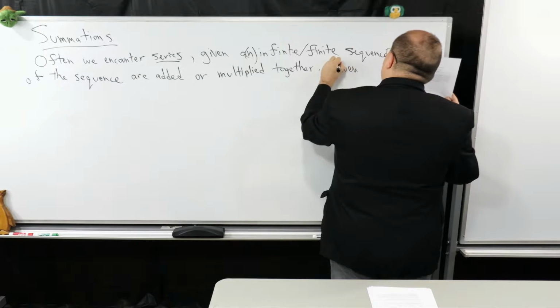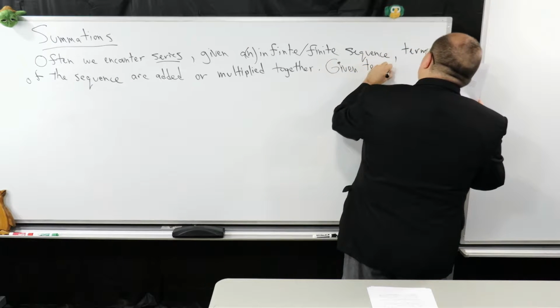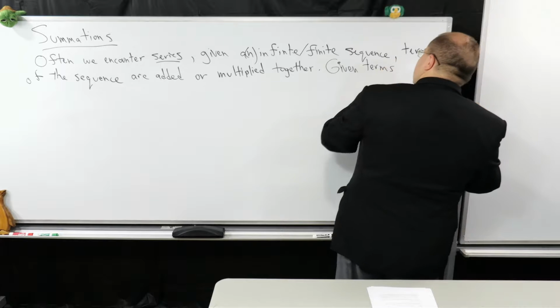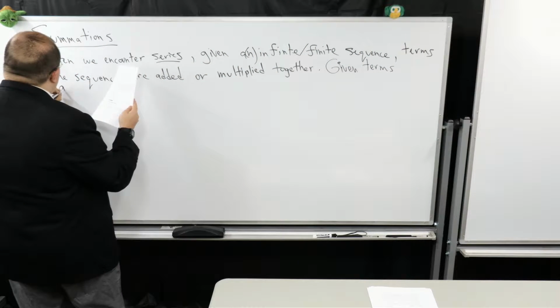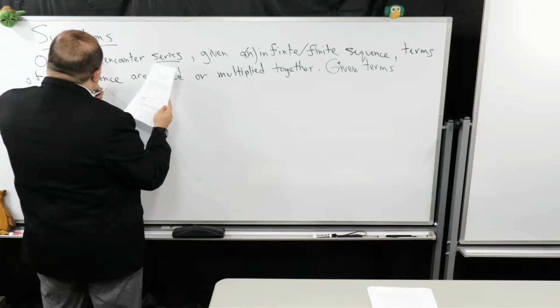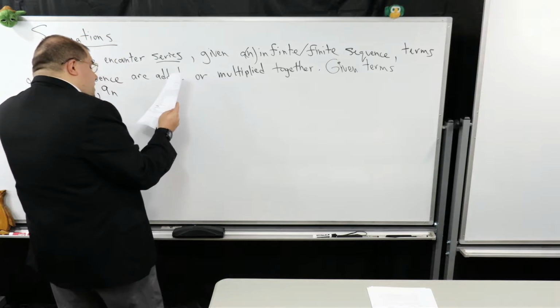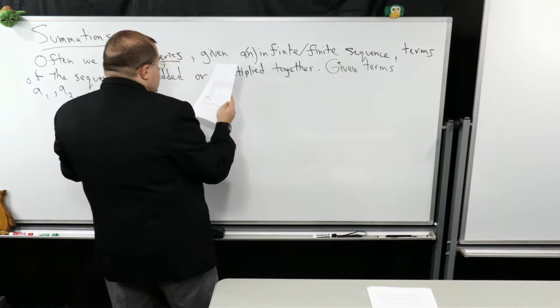So given terms a sub 1, a sub 2, all the way up to a sub n. I'm going to assume this is a finite sequence, but it doesn't have to be.